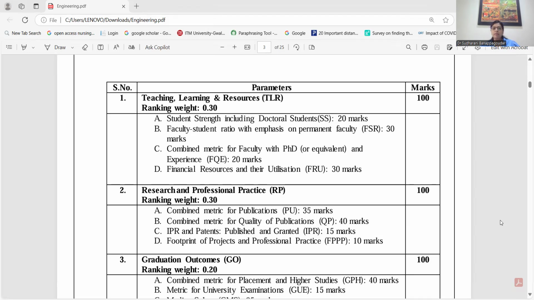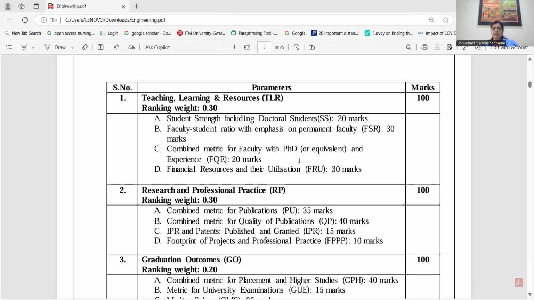The second sub-criterion is the faculty-student ratio, with emphasis on permanent faculty, that is FSR, which carries 30 marks. The third is the combined metric for faculty with PhD or equivalent and their experience, that is FQE, which carries 20 marks. And the fourth is the financial resources and their utilization, that is FRU, of 30 marks.